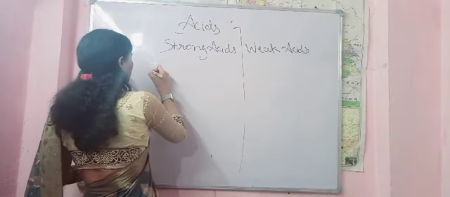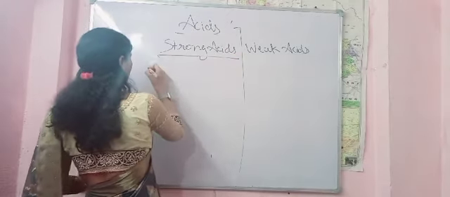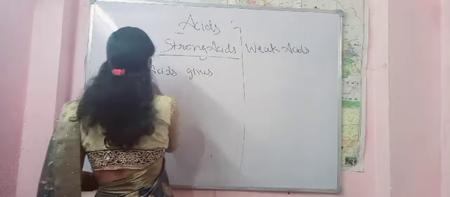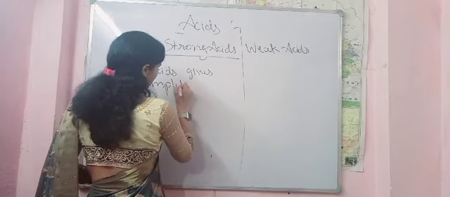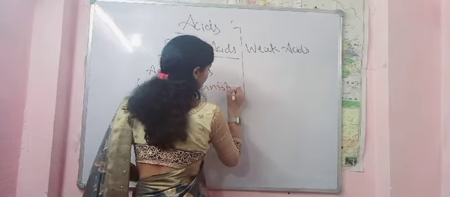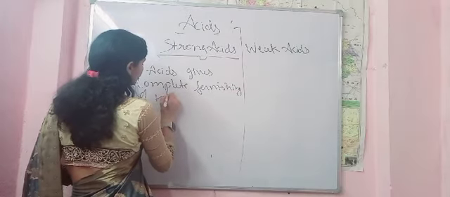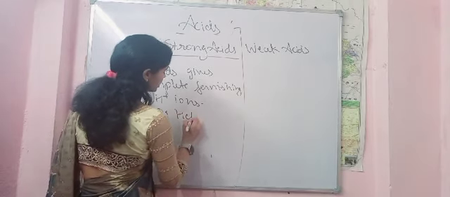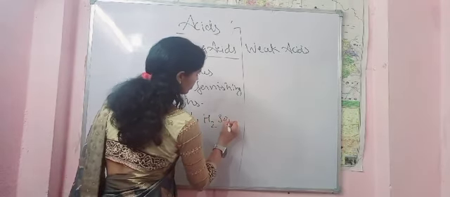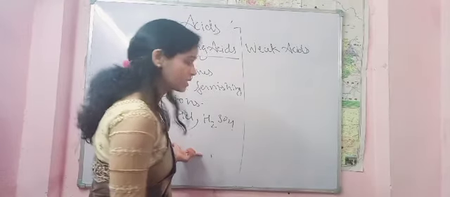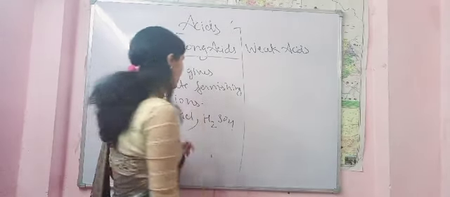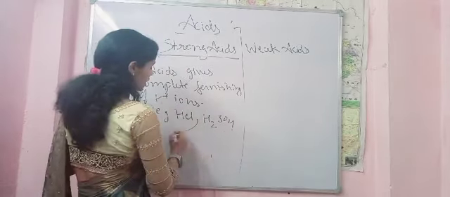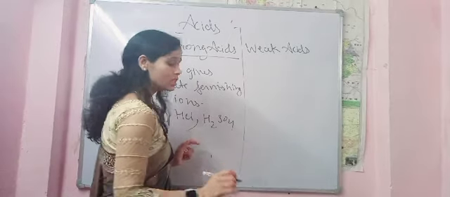Okay. So strong acids give complete furnishing of H plus ions. For example, HCl and H2SO4 are very strong acids. When you add water to HCl, they will release H plus ions completely.